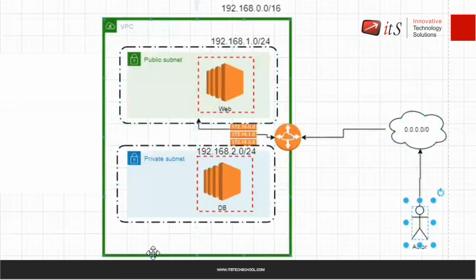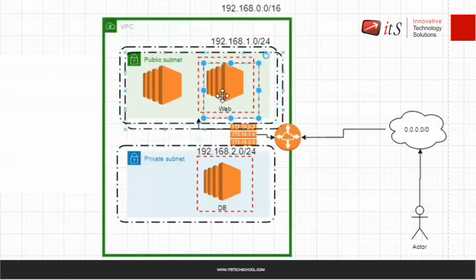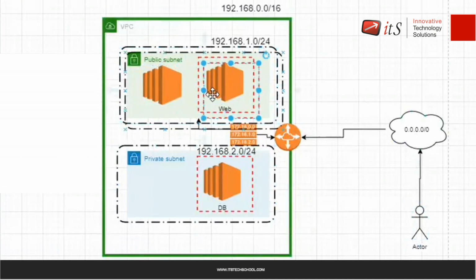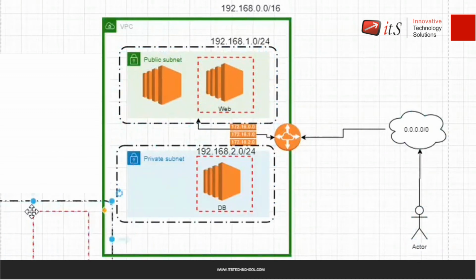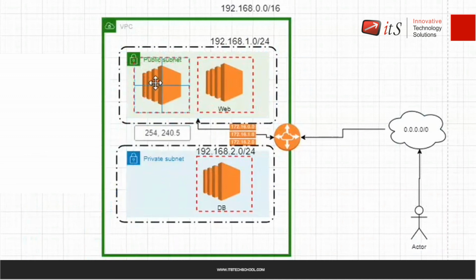For this kind of scenario, what we basically do is add one more machine that we call a jump server. The jump server will again have a firewall.